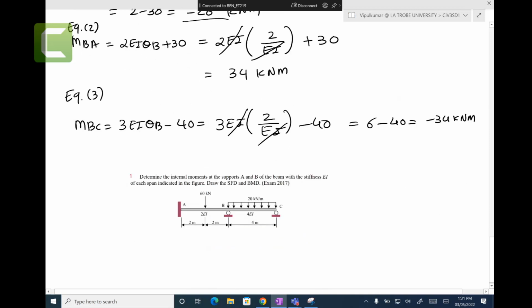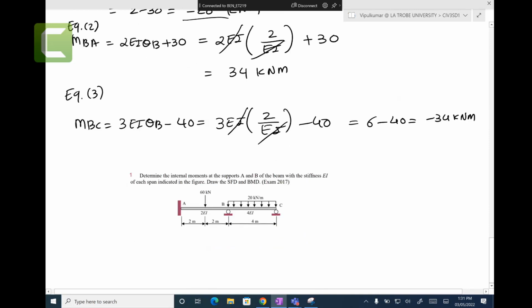Minus 28 is negative, so 28 kilonewton meters. I did not put negative, I just put the arrow, and that is MAB. Then you have clockwise MBA, which is positive 34 kilonewton meters. And here you have MBC, 34 kilonewton meters anti-clockwise.